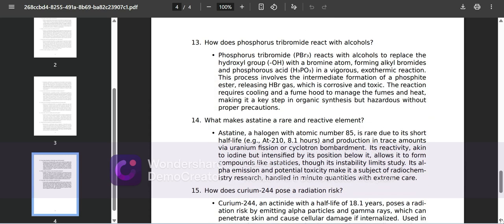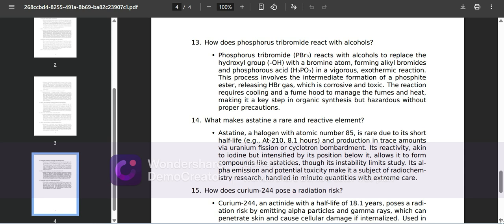How does phosphorus tribromide react with alcohol? Phosphorus tribromide, PBr3, reacts with alcohols to replace the hydroxyl group, OH, with bromine atoms, forming alkyl bromides and phosphorous acid, H3PO3, in a vigorous exothermic reaction.